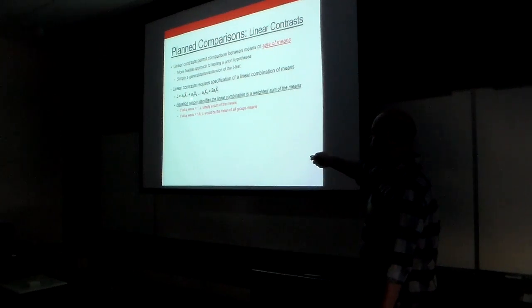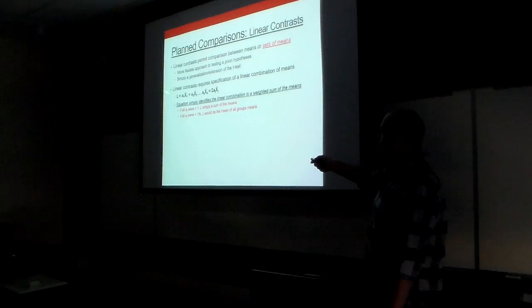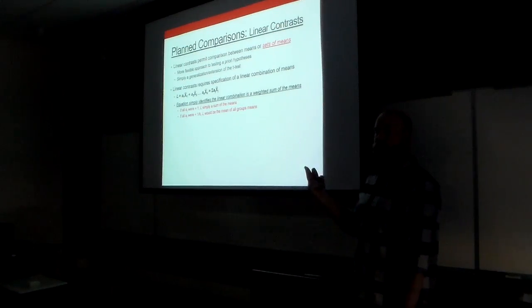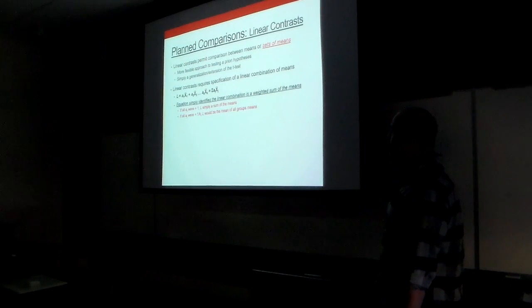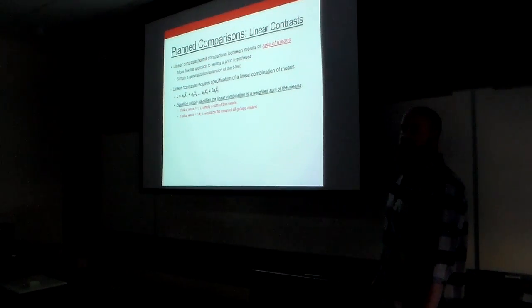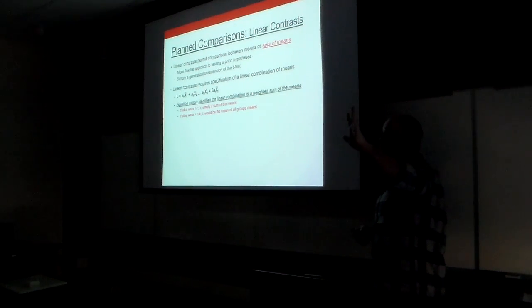So if each one of these a weights was 1, we get our value for L by just adding up all our means. If, however, we set our weight to 1 divided by the number of groups, so let's say I have 5 levels to my factor, so I've got 5 different groups.